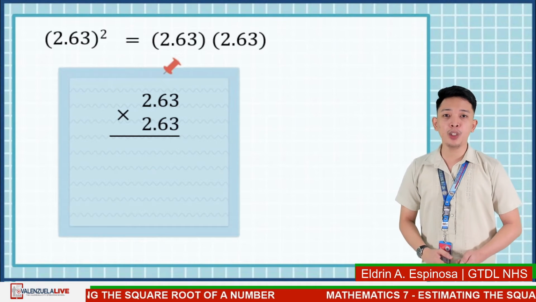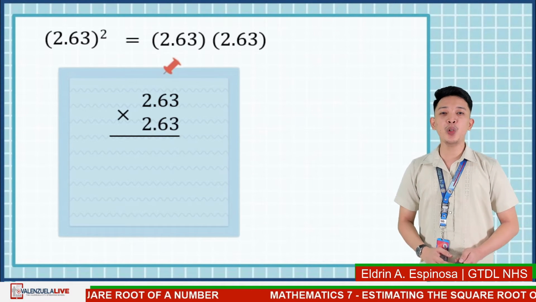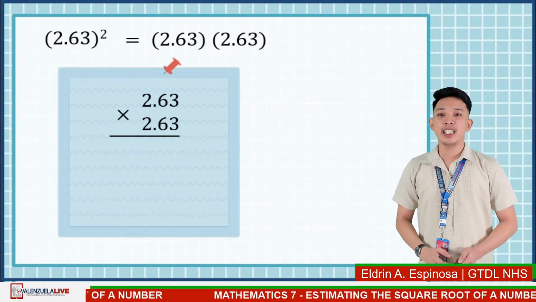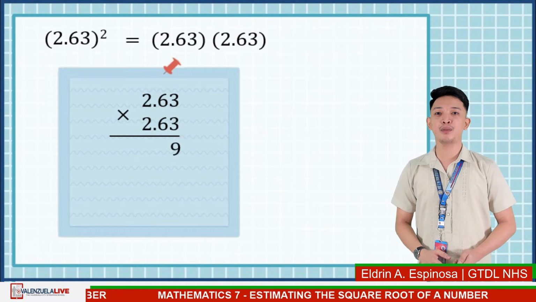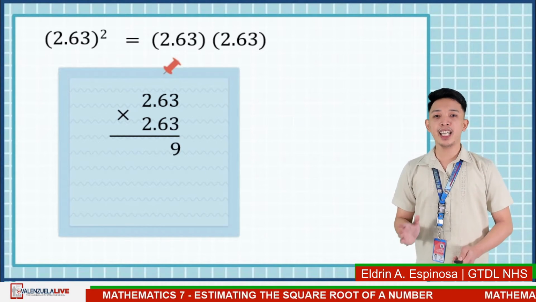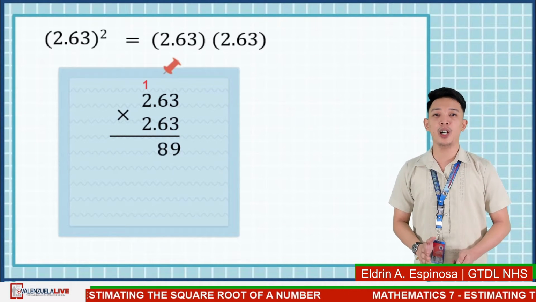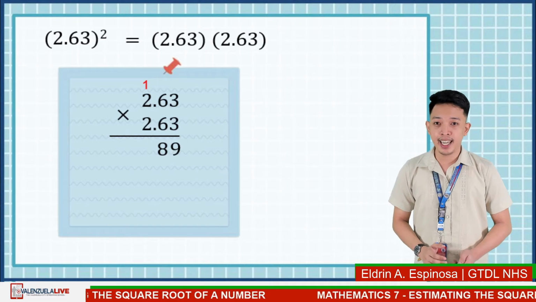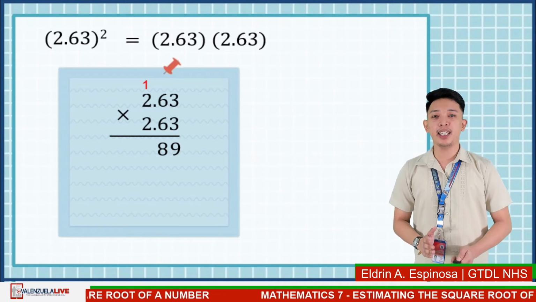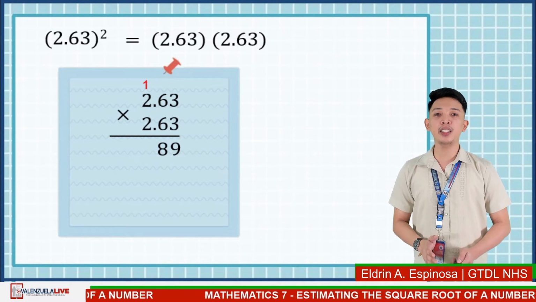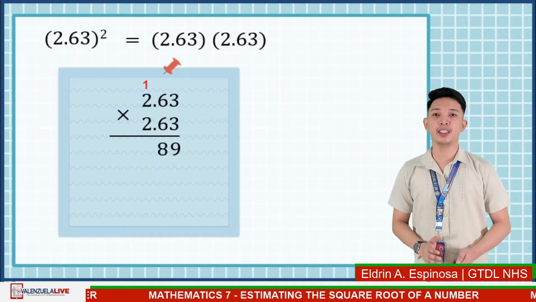So we're going to multiply 3 by 263. 3 times 3 is 9. Then 3 times 6 is 18. Bring down 8, then carry 1. Then 3 times 2 is 6, plus 1, we will get 7.